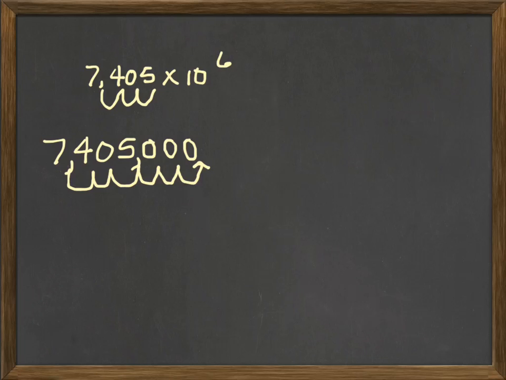What about a negative exponent? Well, here's the 1 and the 4. Negative exponent, this is a small number. I need to move the decimal point to the left to make it a small number. So it was here, 1, 2, 3.